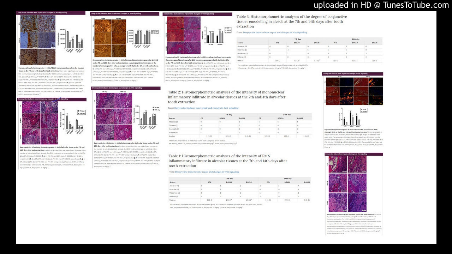D, E, versus CTL, 7th and 14th days, P=0.0004 and P=0.0249, respectively. F, G, versus CTL, 7th and 14th days, P=0.0003 and P=0.0003, respectively.